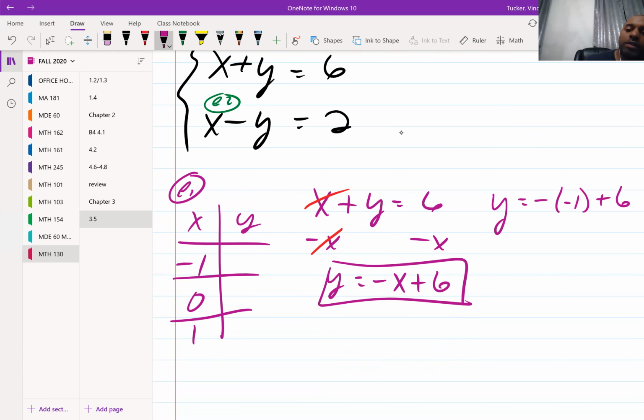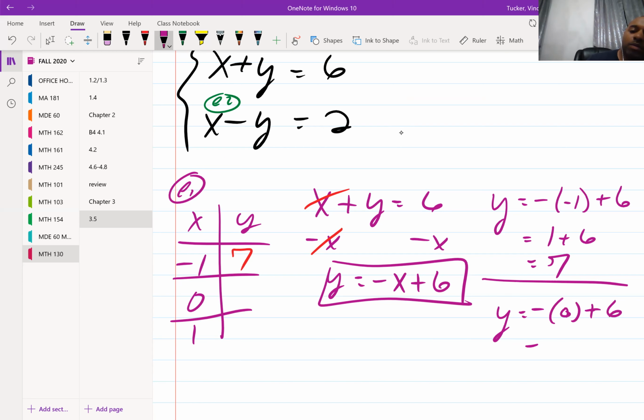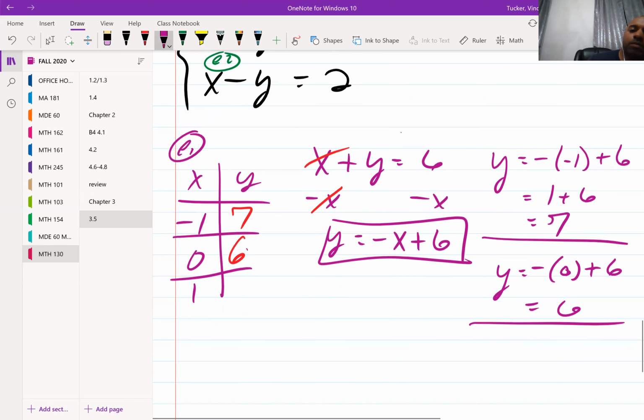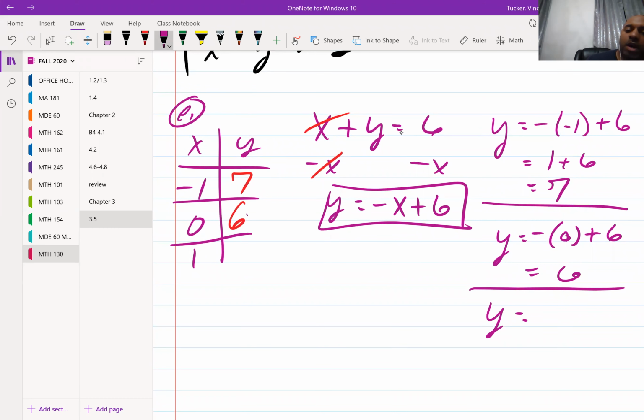Plugging in -1 for x, a negative times a negative is positive, so that's 7. Plugging in 0, that's going to be 6. Plugging in 1, make sure you don't lose that negative, so -1 plus 6 is going to be 5.